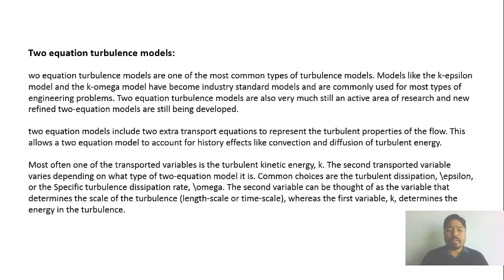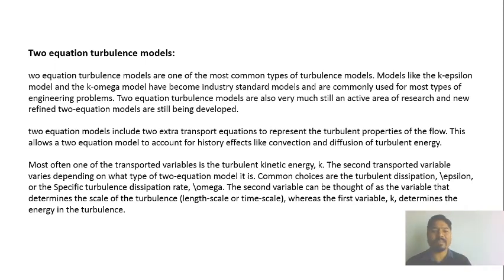Okay, so one transport variable is K in the two equation model, and one transport variable is epsilon: turbulent kinetic energy and specific dissipation rate. The second variable, the specific dissipation rate, can be thought of as a variable that determines the scale of the turbulence, which is known as the length scale.